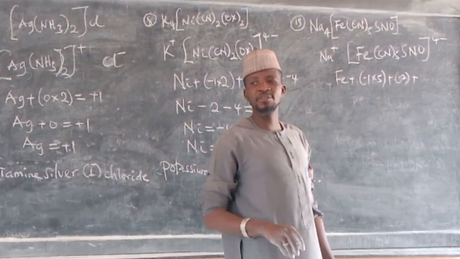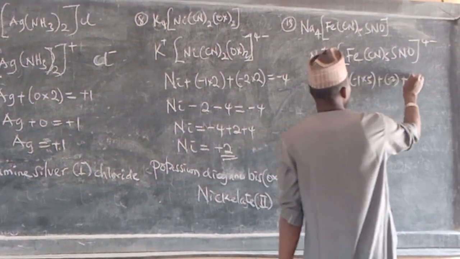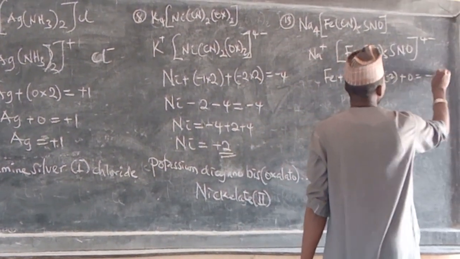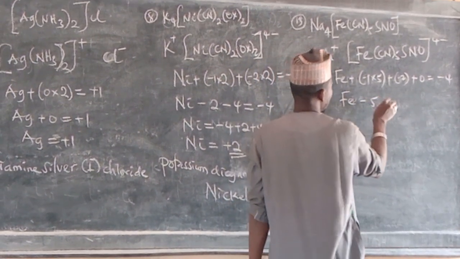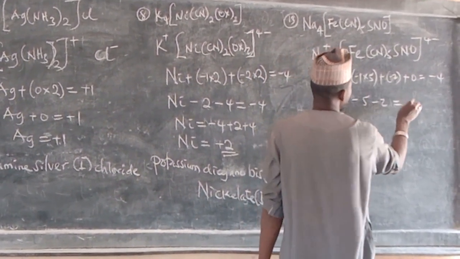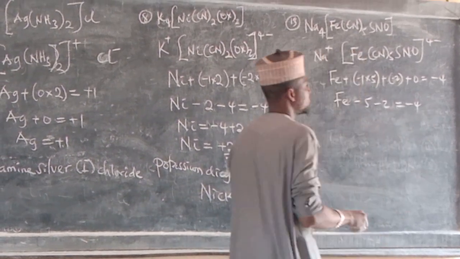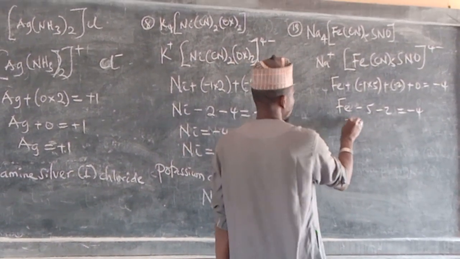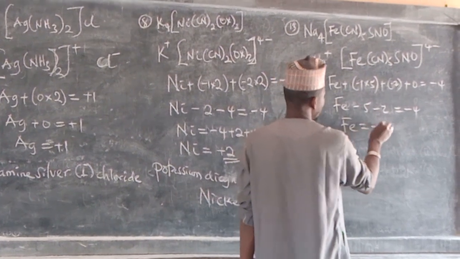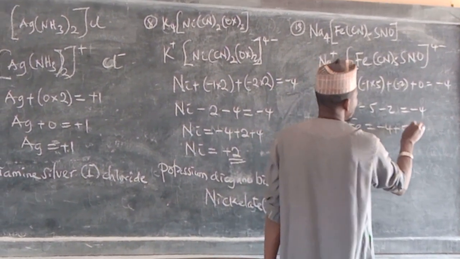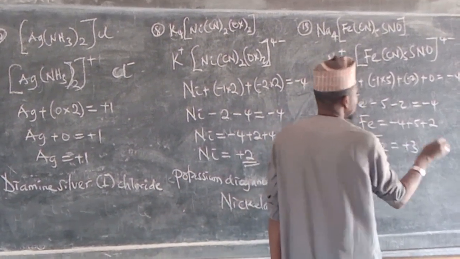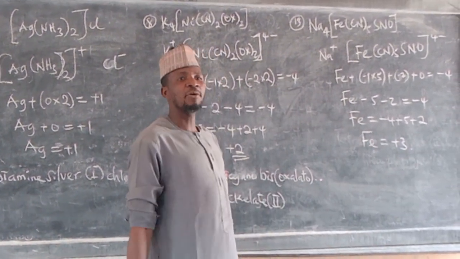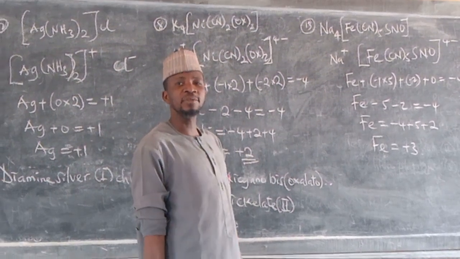The oxidation state of any neutral compound is 0. Everything equal to minus 4. So iron minus 5 minus 2 is equal to minus 4. So iron is equal to minus 4 plus 5 plus 2. So iron is now equal to plus 3. Are we all together? We are all together.